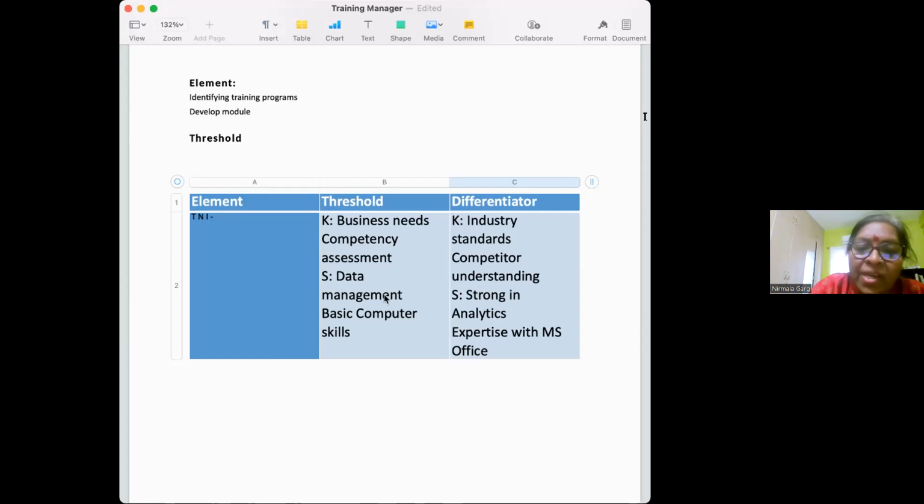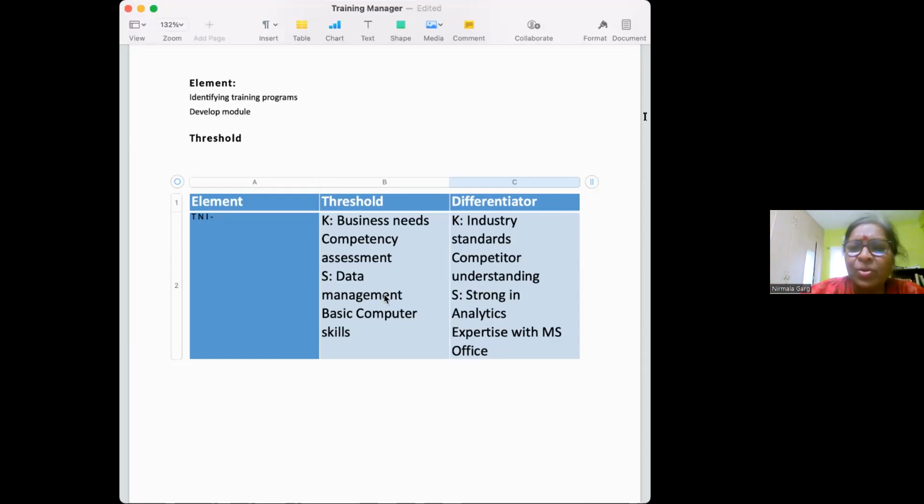So he's only looking at the immediate needs, very tactical. But a differentiator, a superior performer training manager, will look at how I can ensure what are the short-term and long-term gaps I need to cater to. He's looking not only at today, but also in the long term.